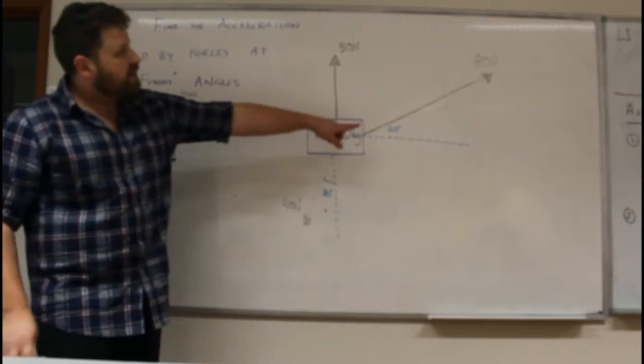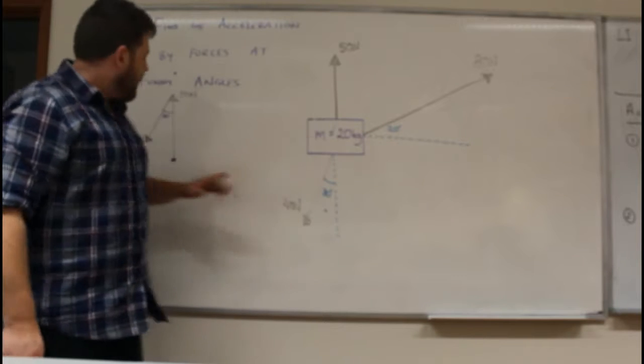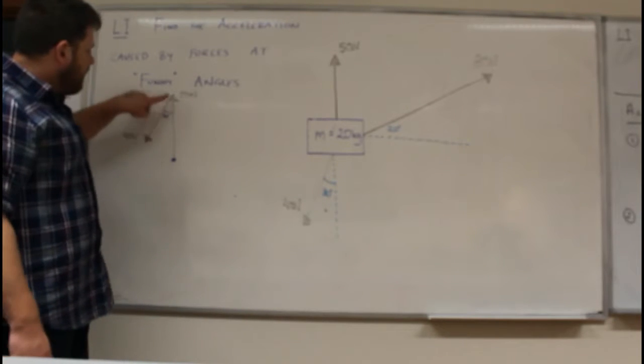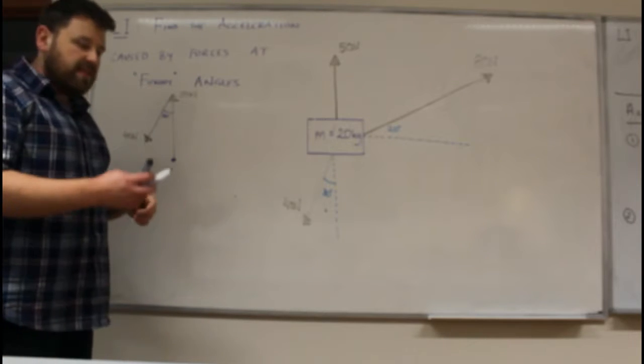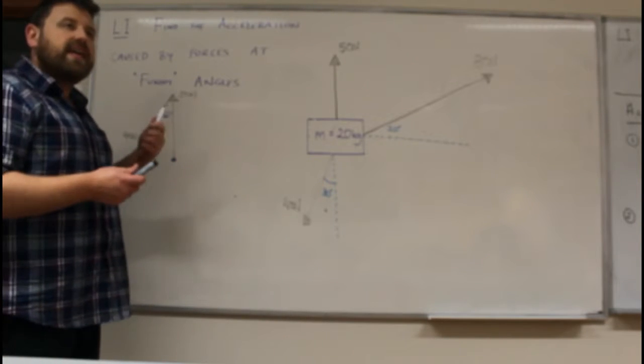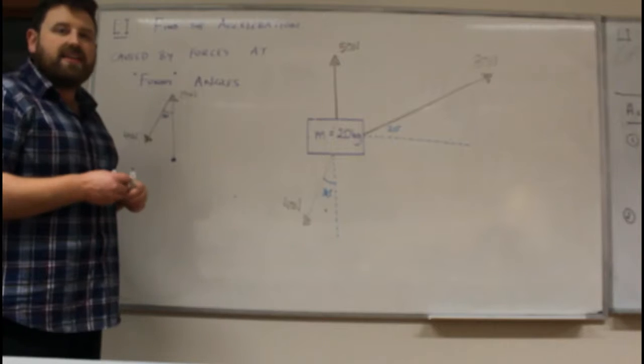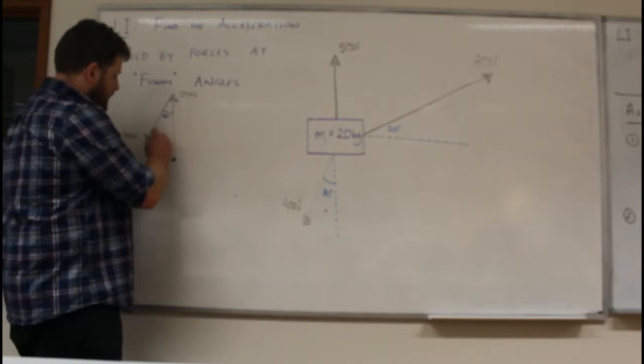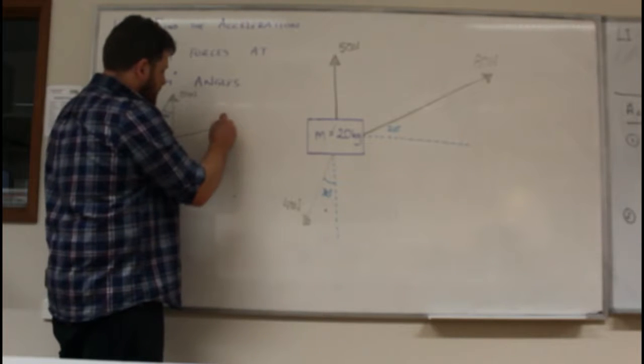Lastly, we're going to take this 80 Newton big boy and put it on the end. So notice when I'm adding them up head to tail, the start of the next vector comes from where the last vector ended. So that 80 Newton one is going to look something like that.